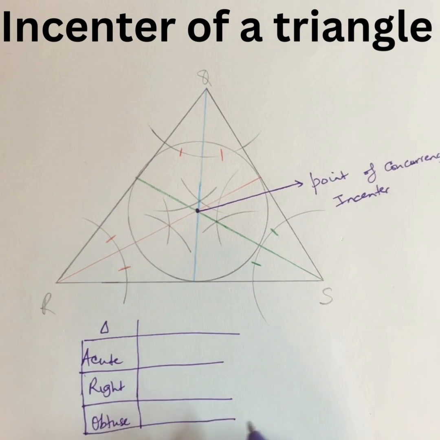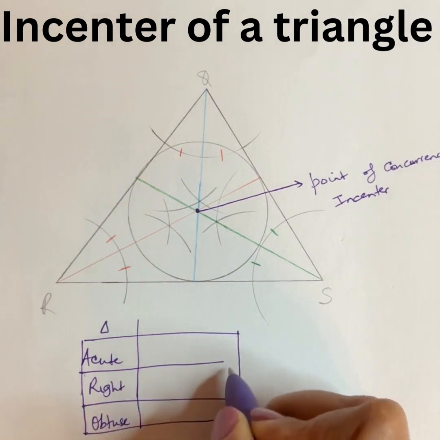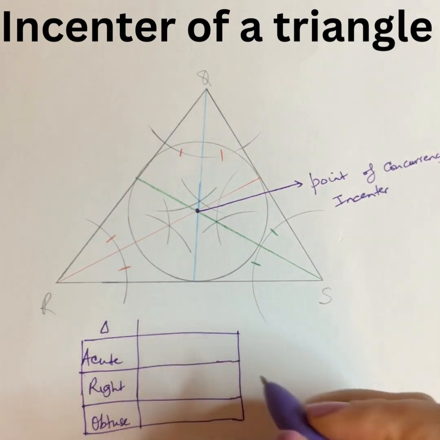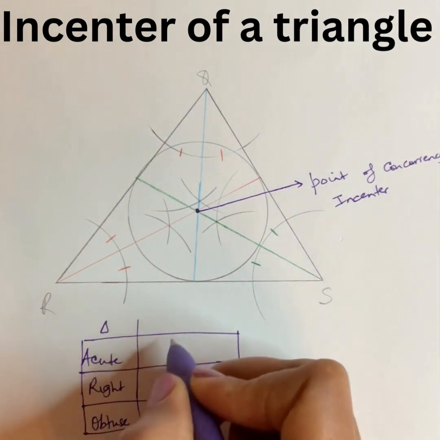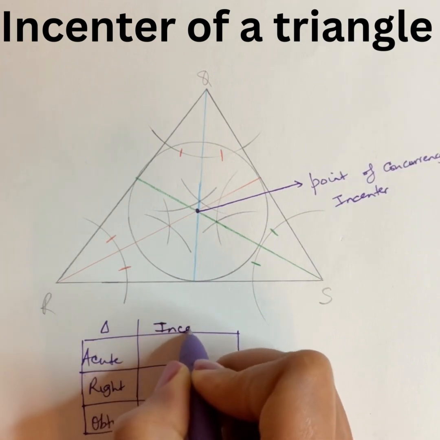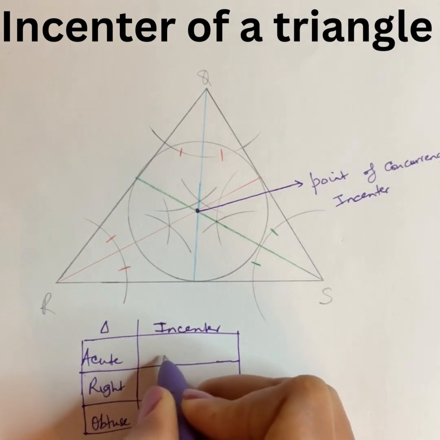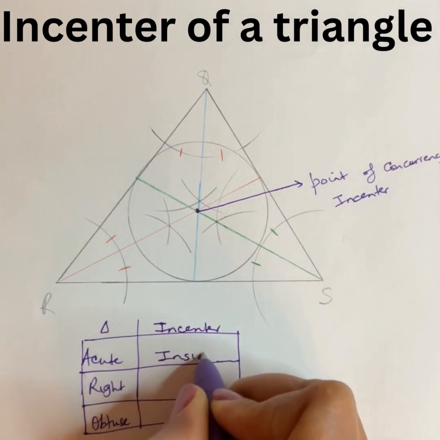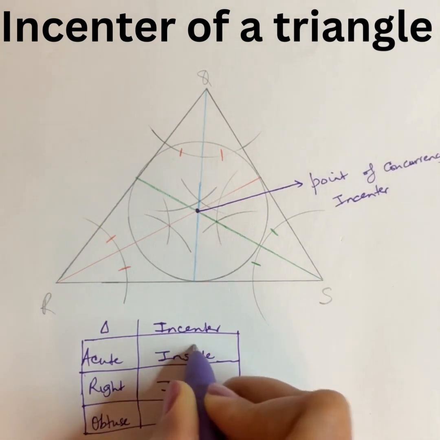That's the three major ones that we're doing. And you can also use this as a guide to remember where they meet. And we're talking now about the incenter. For all three types of triangles, they meet inside the triangle. The incenter meets inside the triangle.